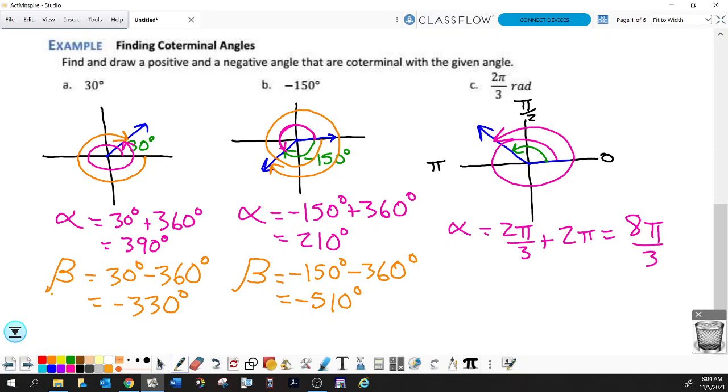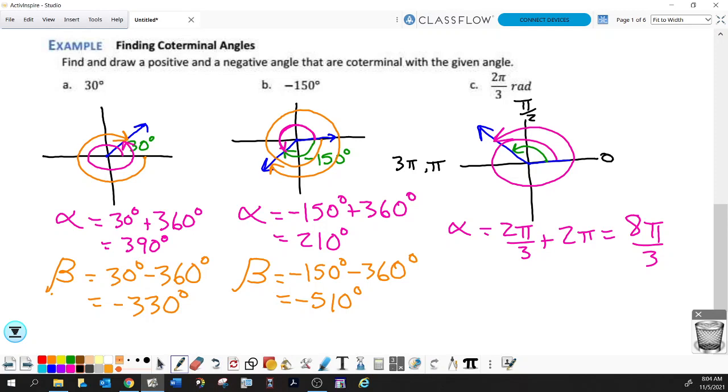See, I know where 8 pi over 3 is. I know that it's 2 more than 6 pi over 3. So it lands me in quadrant 2. Or you could think about it as 3 pi, which, by the way, this is coterminal to 3 pi right here. 3 pi would have been 9 pi over 3. So I'm clearly a pi over 3 before 3 pi.